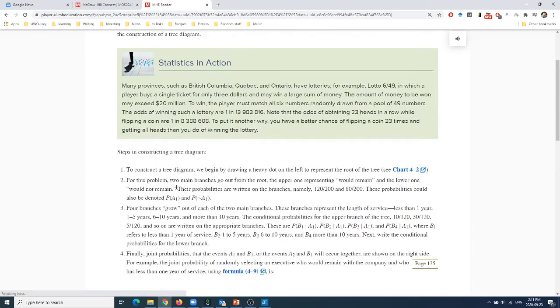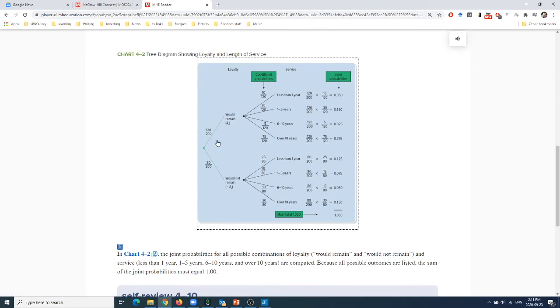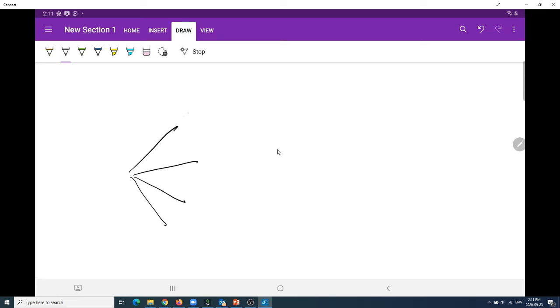The final thing: the same problem which we looked at before, you could represent it in a tree diagram as well, in terms of remain, would not remain, and then trying to do more questions here. But you could also draw the same tree diagram in another way, where you start off with the 4 branches, B1, B2, B3, B4.